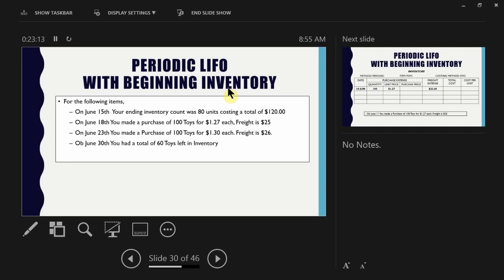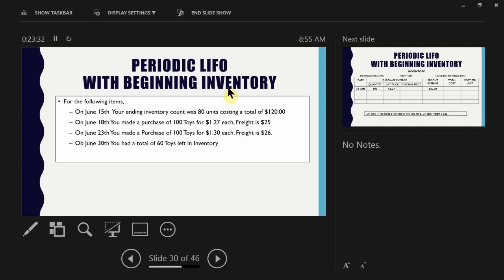So again, here on June 15th, we recognized that we had a total of 80 toys costing us a total of $120, right? And we know that it cost us $1.50 each.